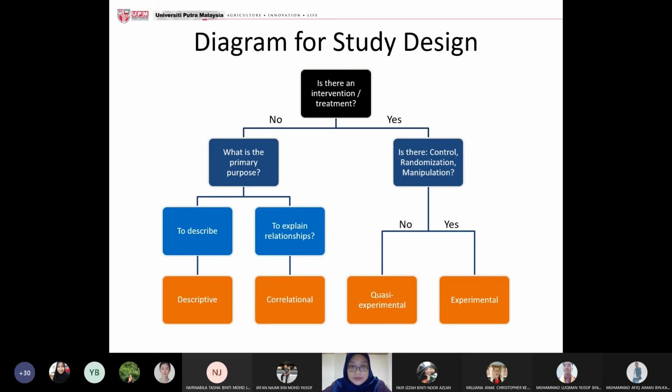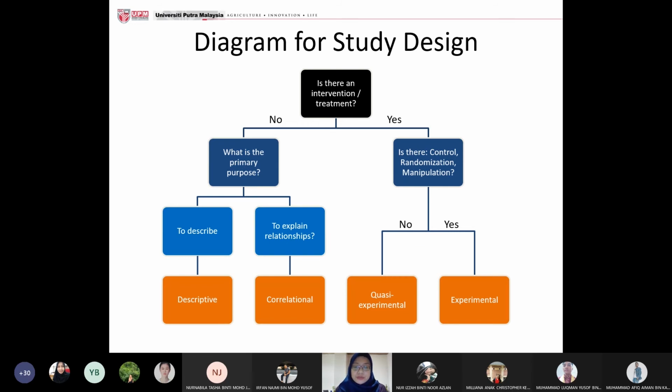Right. So for study design, for those who are still a bit unsure about your own study design, okay, look at this one. Is there an intervention or a treatment? Okay, in your very own study, look back and think, are you introducing something?